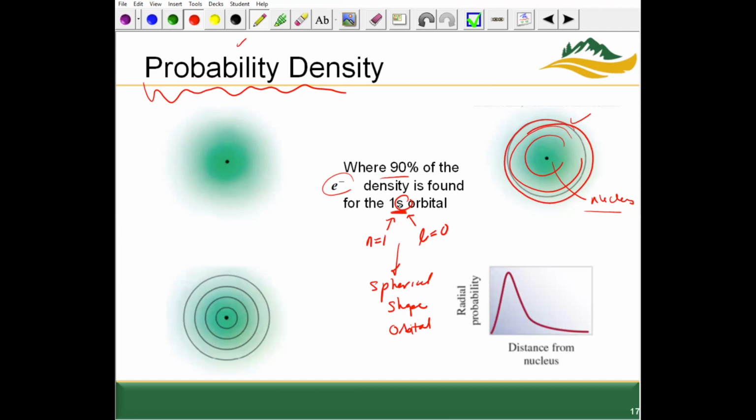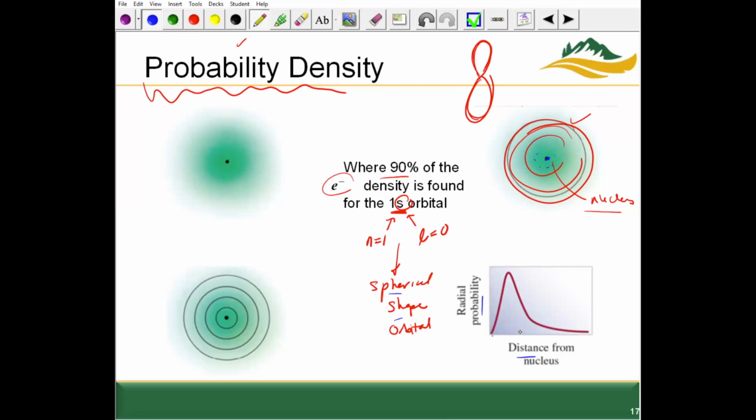As you can imagine, if we start to change the complexity of the shapes of the orbitals, we change the volume that electron could be found in. For a spherical shaped orbital, we can even think of a graph like this, where we have the distance from the nucleus, and then the probability of finding an electron in that certain location from the nucleus.